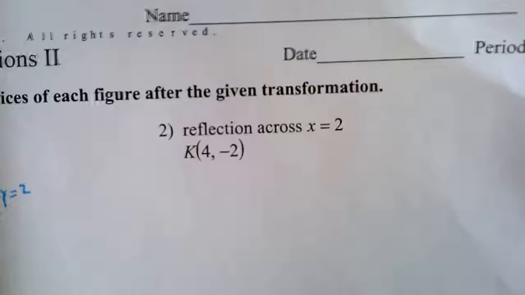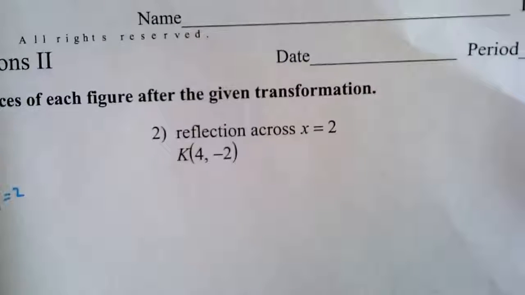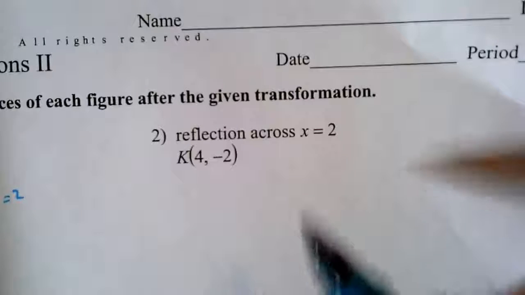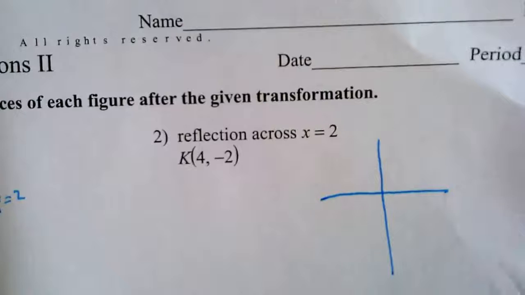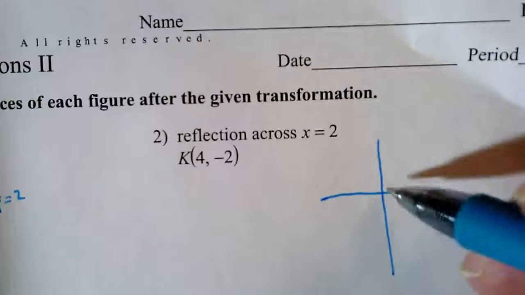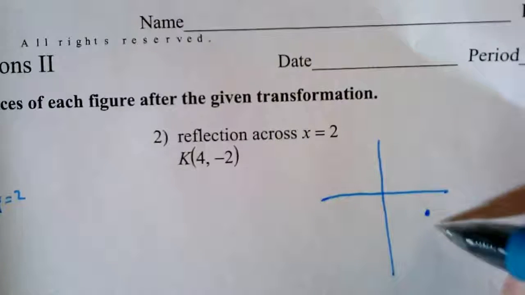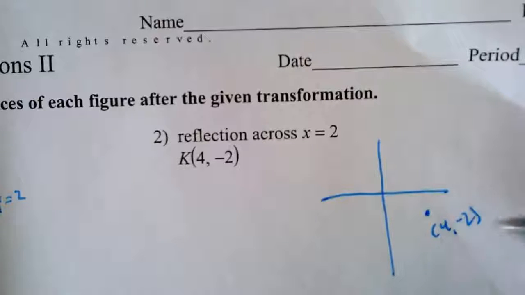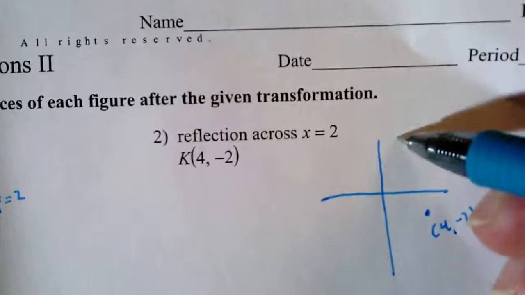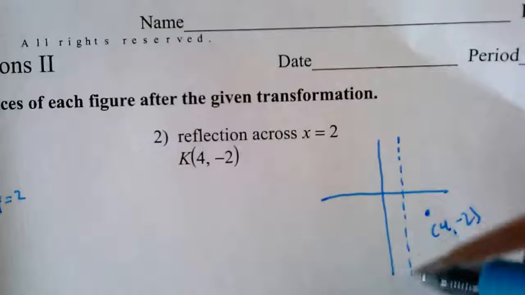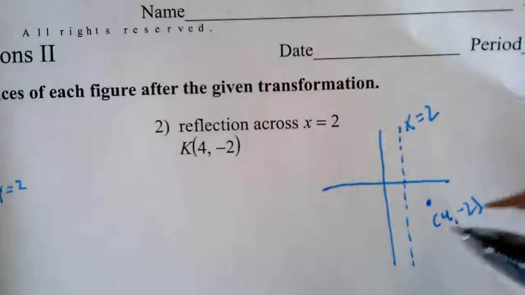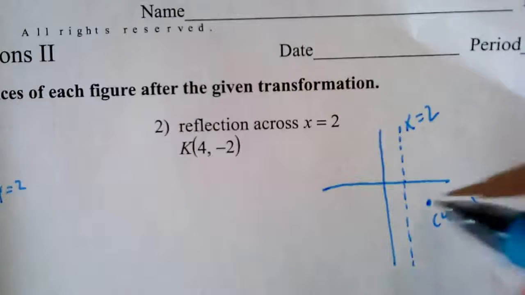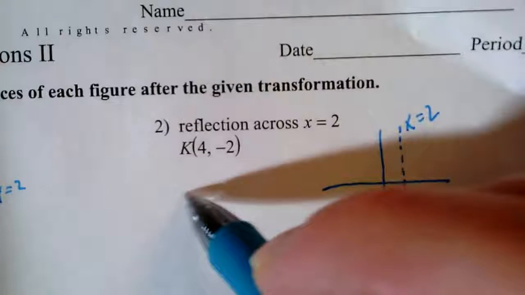Okay. Let's do a couple more. Alright, I'll do one more. Here, it helps again to draw yourself a diagram: the point (4, -2), here somewhere. The line x equals 2 is kind of like halfway between. It's a vertical line passing through the point 2 here. Now the y-coordinate, the -2, isn't going to change when we go across here.